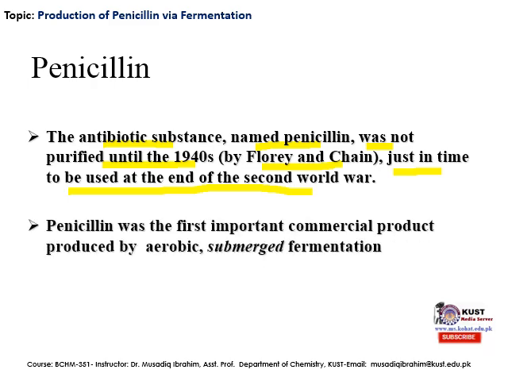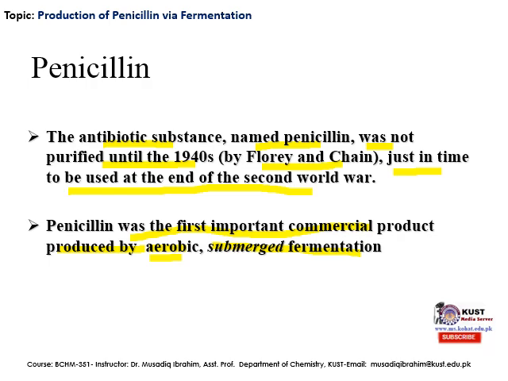Now, penicillin was the first important commercial product which was produced by aerobic submerged fermentation. It means that the process of fermentation was carried out in the presence of air, and penicillin was produced by the process of fermentation, and not by synthetic chemistry.